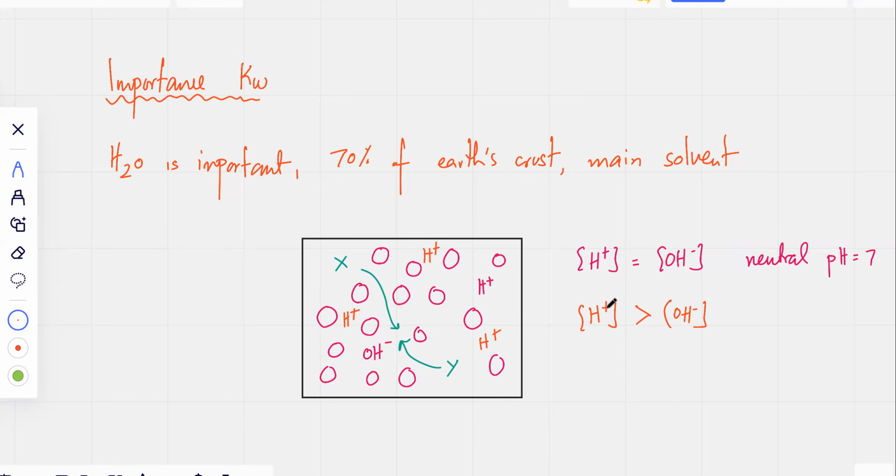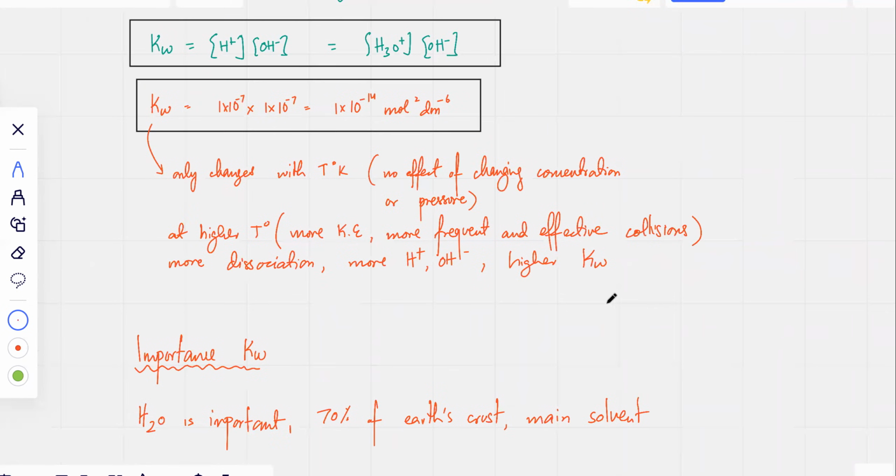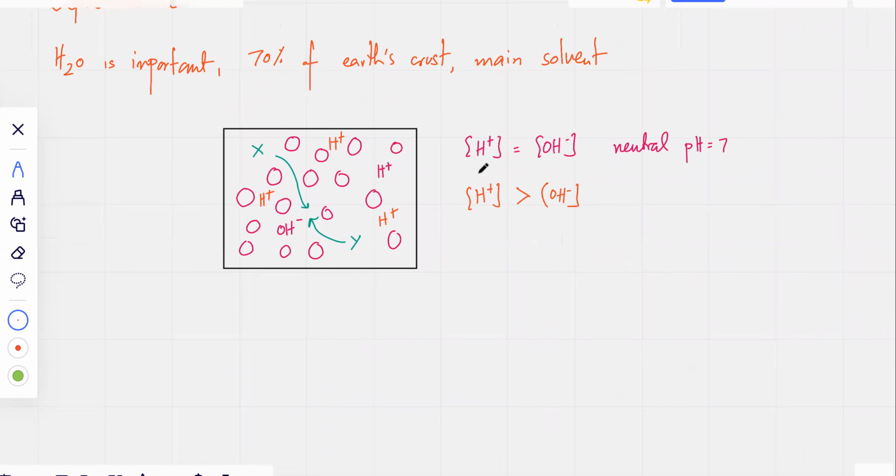Where do you get more H plus 1 ions? If a water molecule ionizes, it produces equal quantity of H plus 1 and OH minus 1 ions, right? So how do you increase the concentration of H plus 1 ions in a solution? What thing needs to be added into the water to have a higher concentration of H plus 1? Adding a base? No, you add an acid. An acid specifically produces H plus 1.